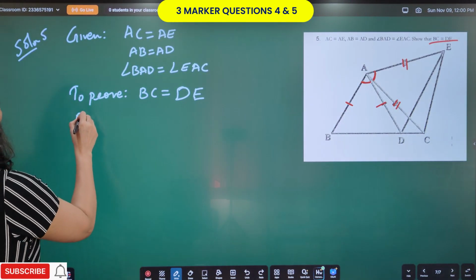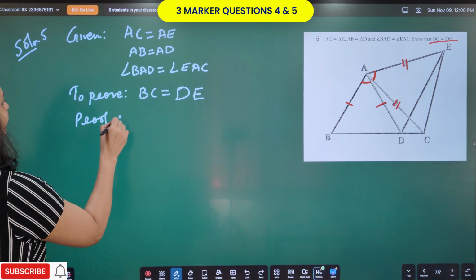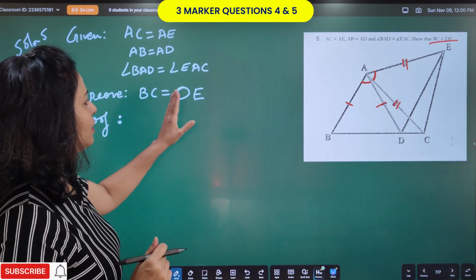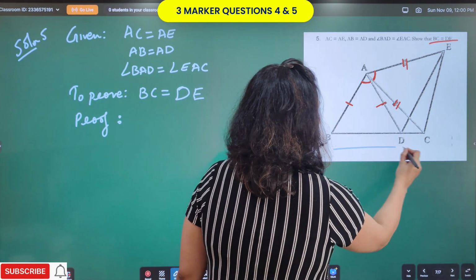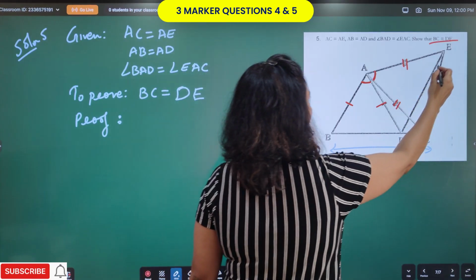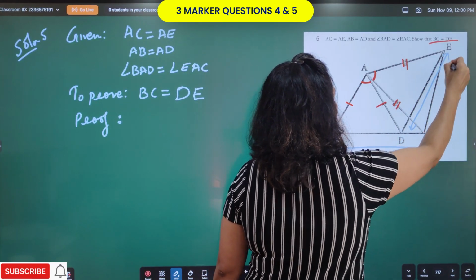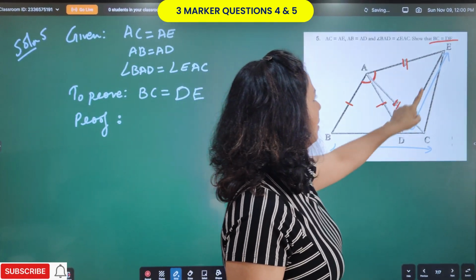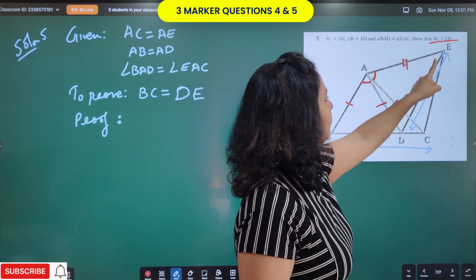Here one thing you have to see, that we have to prove BC is equal to DE. Now BC is this side, right, and DE is this side, right. Now BC belongs to which triangle? If you see, ABC, and DE belongs to triangle ADE, right.